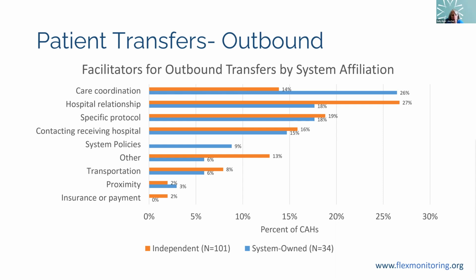I found this slide interesting, that the system-owned hospitals said that having the care coordination really dramatically helped with transfers outbound. But then for hospital relationship, I thought the system-owned would have been higher, that they have a relationship with a tertiary hospital or other hospitals. So that one kind of puzzled me.